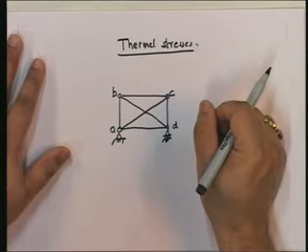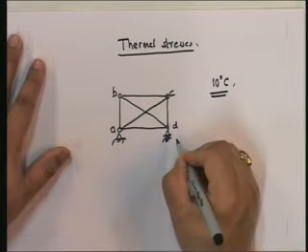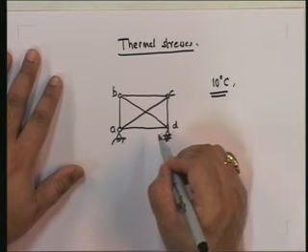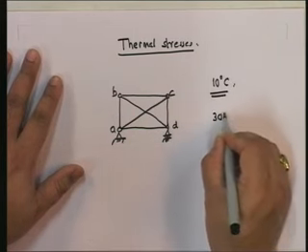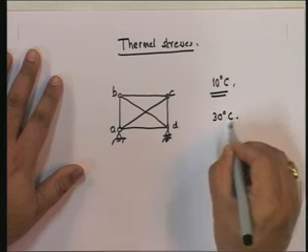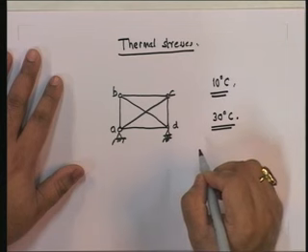Now, we built this truss during the night when the temperature was 10 degrees centigrade. Now, we put the truss up and in the middle of the day, the temperature is 30 degrees. What effect is this going to have?